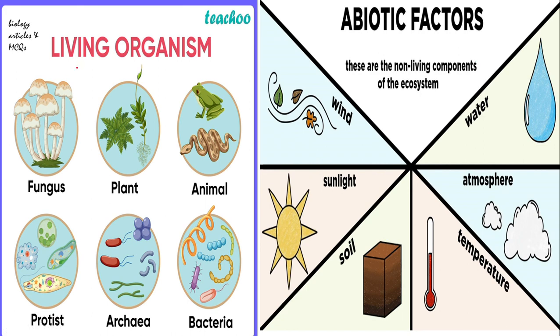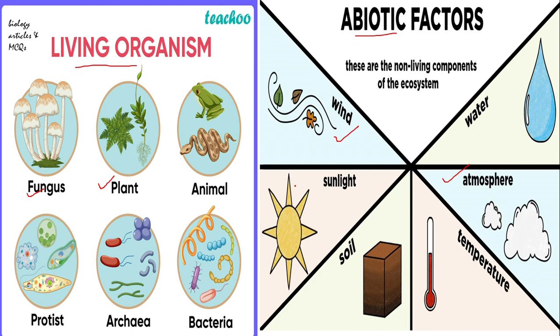Here you can see that these are the living components of the environment and these are the non-living components of the environment. Living components may include plants or fungus, it can be animals, etc. And the non-living components, you know, wind and sunlight, water, atmosphere, these are all the non-living components.